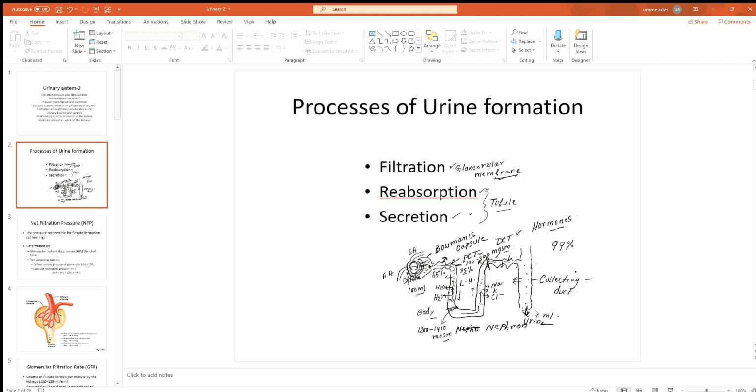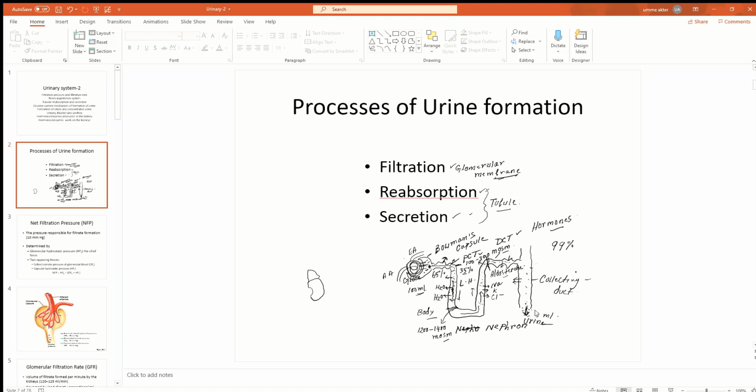In this part, the distal convoluted tubule, the hormone that works is called aldosterone. Okay, so aldosterone is the hormone. It comes from the adrenal cortex. So let me write down here. You remember on the top of the kidney, you have the adrenal gland.